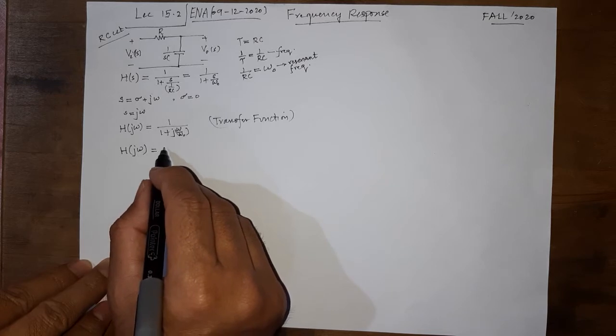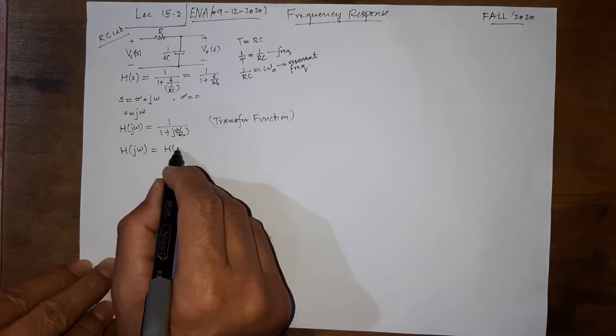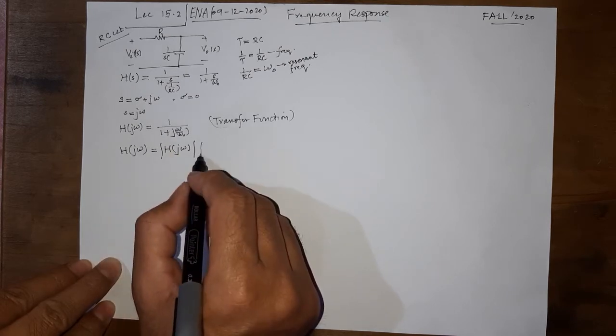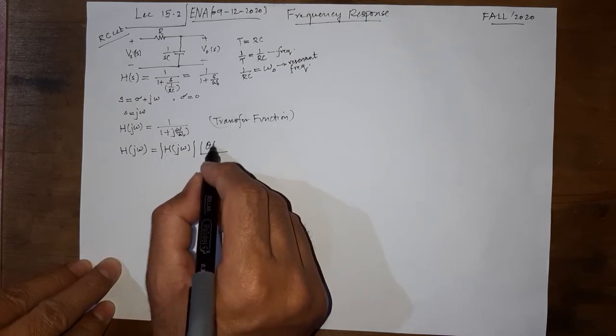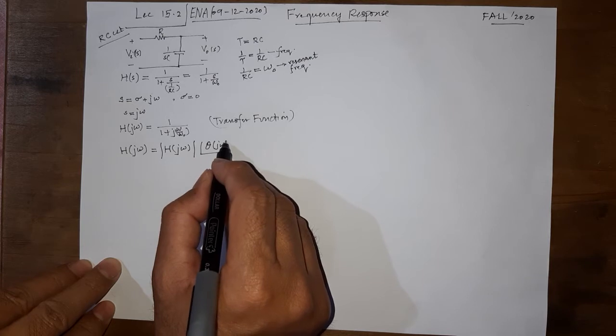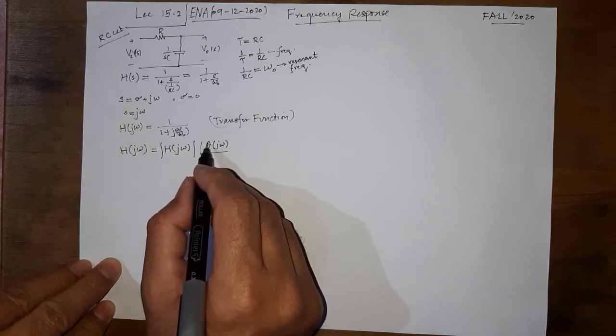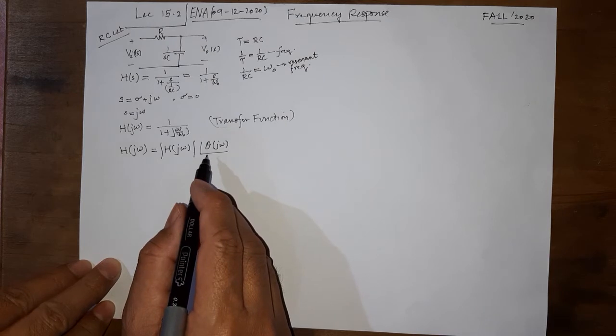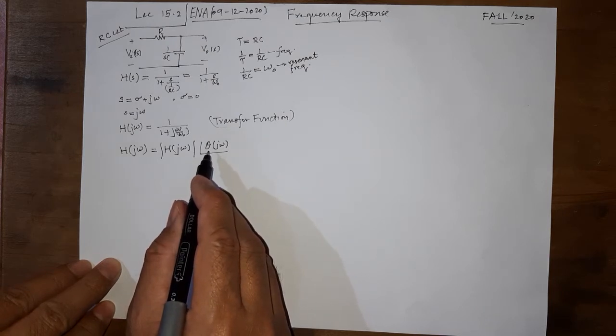H of j omega is a complex number. It is going to have a magnitude and a phase. Let us call this theta j omega, although some books refer to it as theta omega.